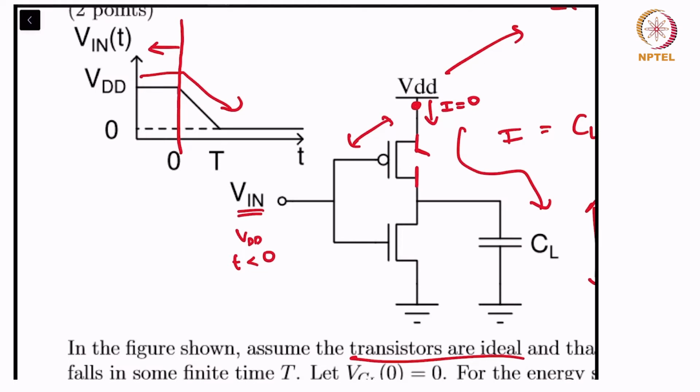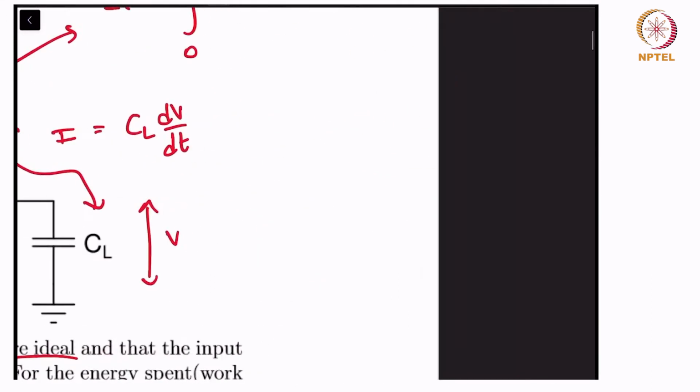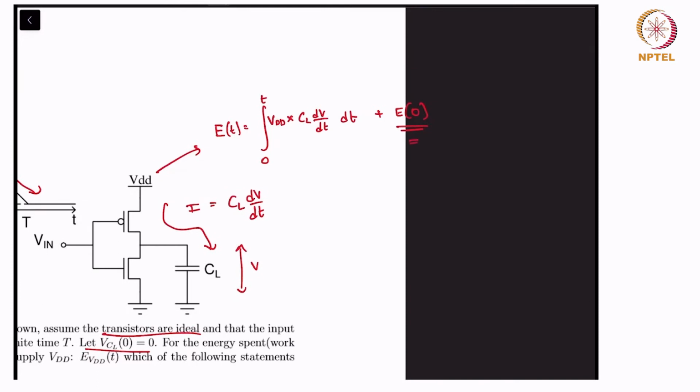That means the power is 0, which means the energy is 0. So for t less than 0, the total energy, which is the integral of the power from minus infinity to 0, will be 0. So E of 0 is equal to 0, and we will just ignore that.